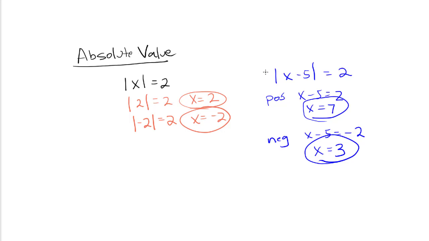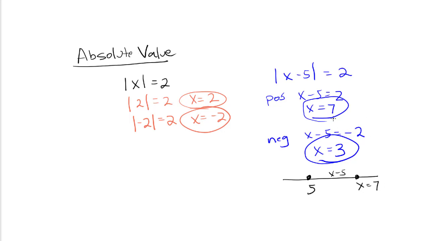Many of you might have learned that absolute value is a representation of distance, and it is. If we think about it, the distance between any 2 points on a number line, say my solution x and the point 5 on the number line, we represent that distance as the absolute value of x minus 5. This absolute value equation is saying that distance is 2. So my solution point x is a distance of 2 from 5. Well, we know that's x equals 7.